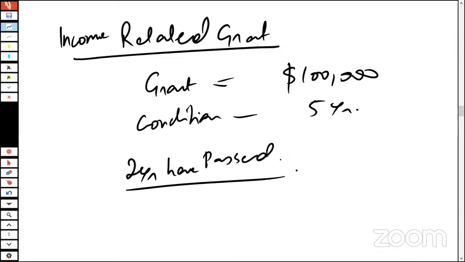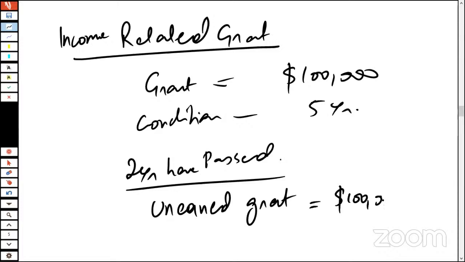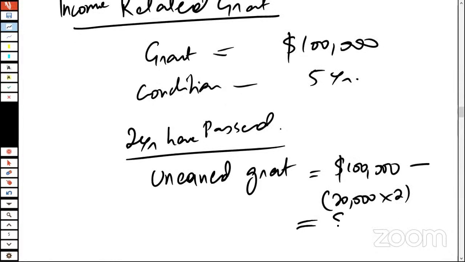So resultingly, unearned grant is going to be 100,000 minus 20,000, which is earned every year, multiplied by 2. So 60,000 is going to be unearned grant. I repeat, 60,000 is going to be unearned grant. That's something you have to keep in mind. Now let's move a bit forward and discuss further.